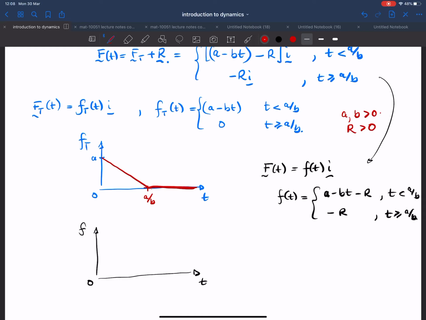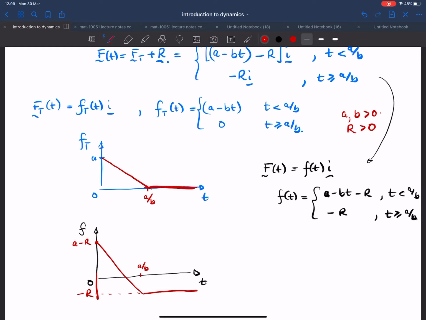A is greater than R. So when t is 0, we start initially at A minus R. And then we come all the way down to A over B, where we hit minus R, and then it remains at minus R. So that's the force vector applied to our train.